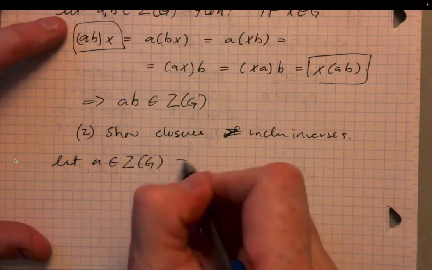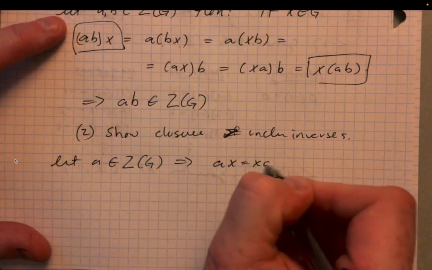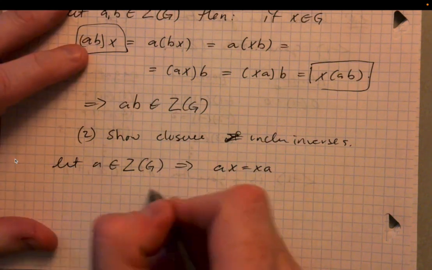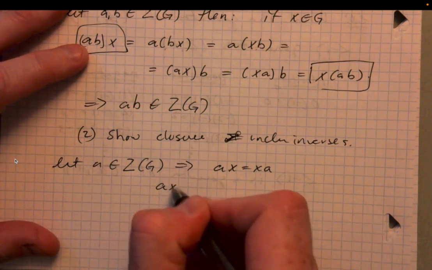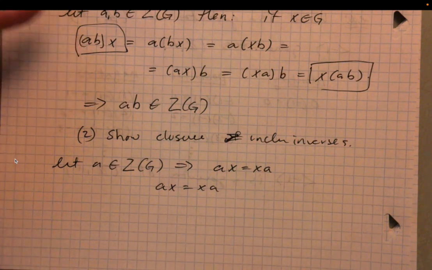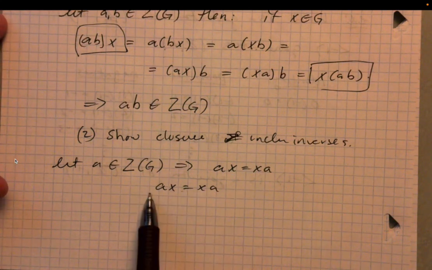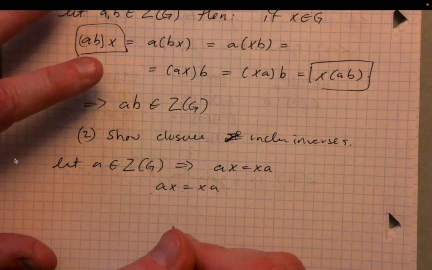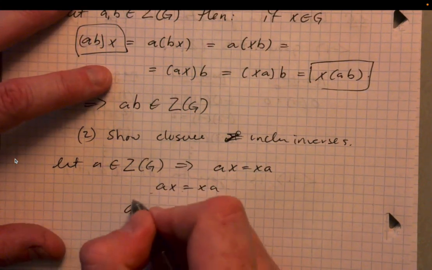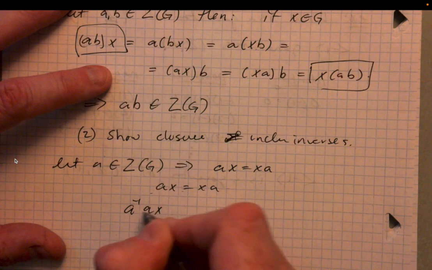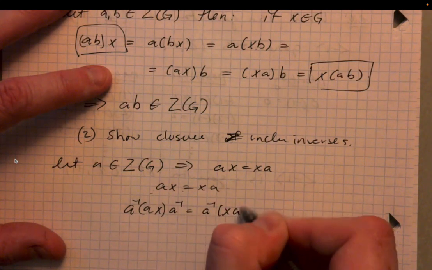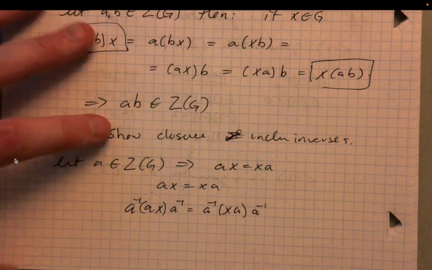And that means that AX equals XA for all X in G. So now we can quickly derive this. AX equals XA. Let's multiply both sides by the inverses. So let's bring the inverse into play here. A inverse times AX times A inverse equals A inverse times XA times A inverse.